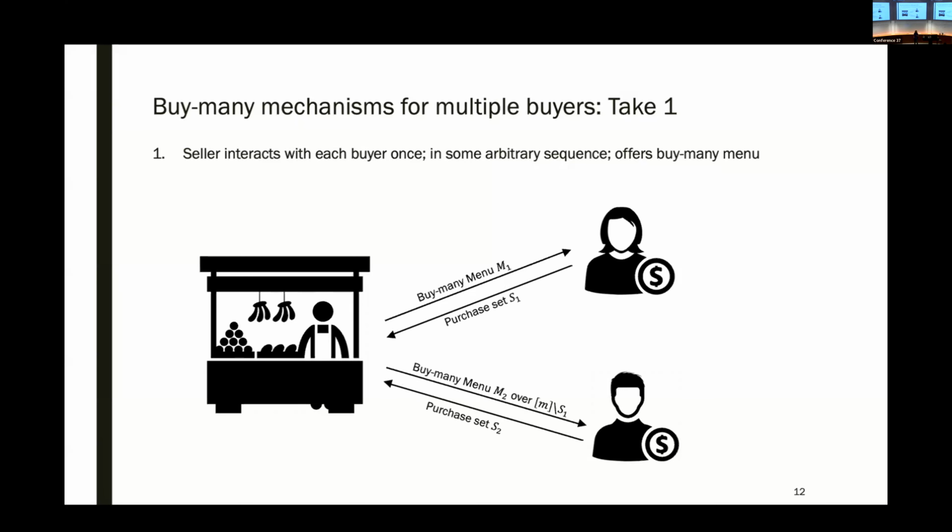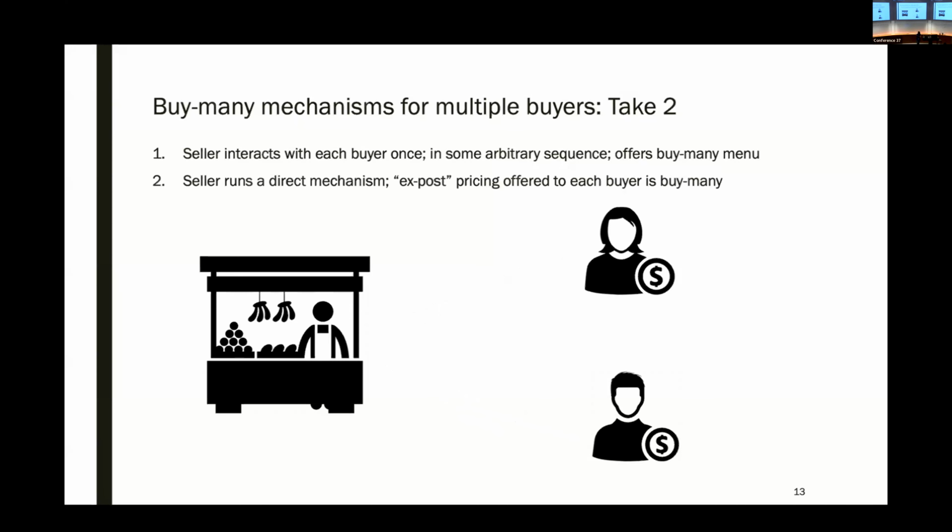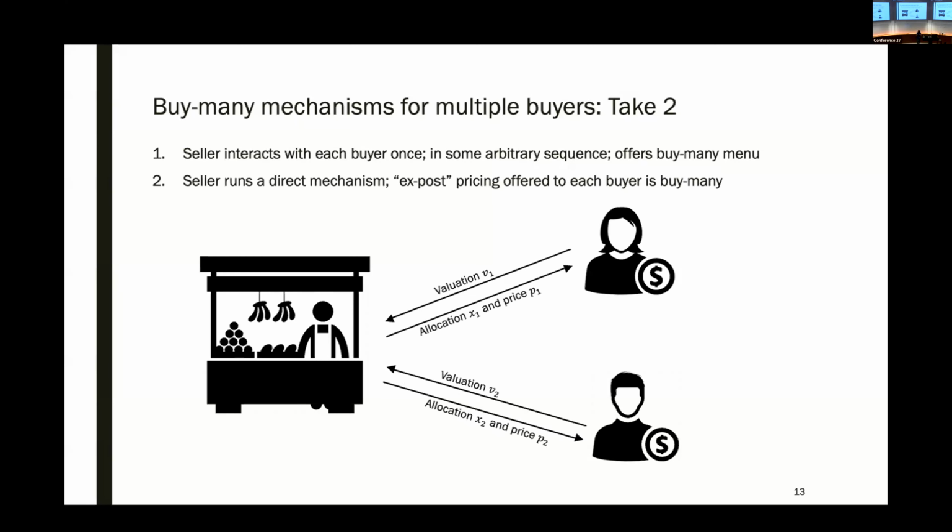So you could imagine one extension of single-buyer buy-many mechanisms to multiple buyers in a sequential fashion. A different approach is to run a direct mechanism. The buyers report their valuations, and the seller returns an allocation and a pricing to each of them.